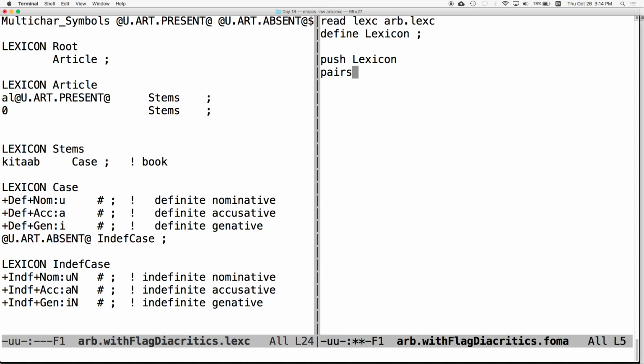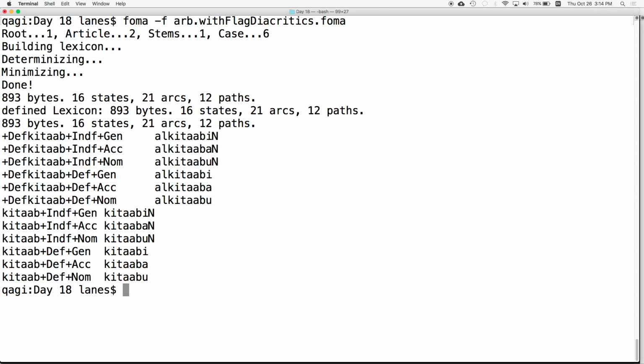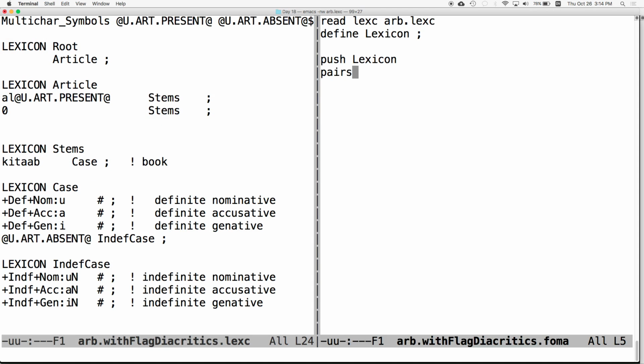And then pairs. And now the foma file with flag diacritics. And there we go. So let's verify, did it work? I'm still using the wrong file, because I need to change this to be with flag diacritics.